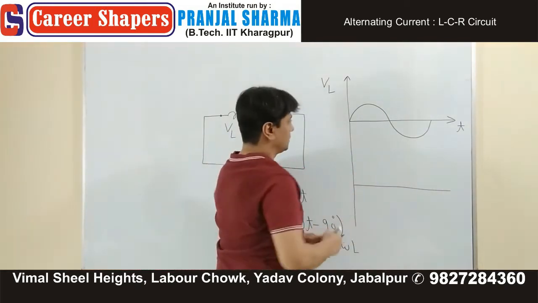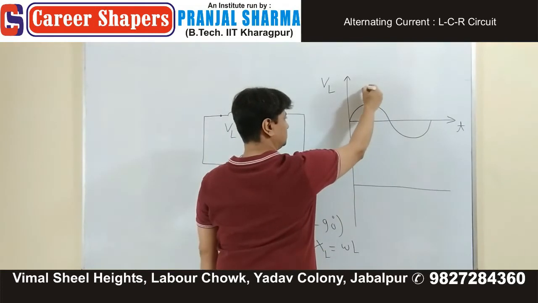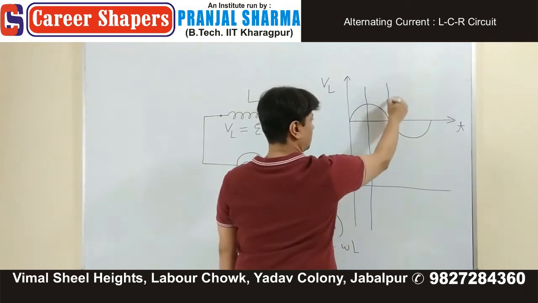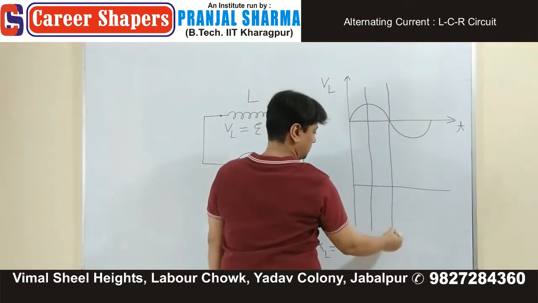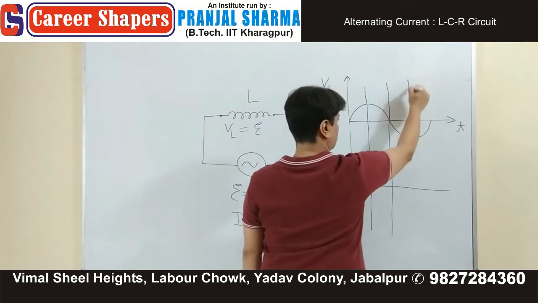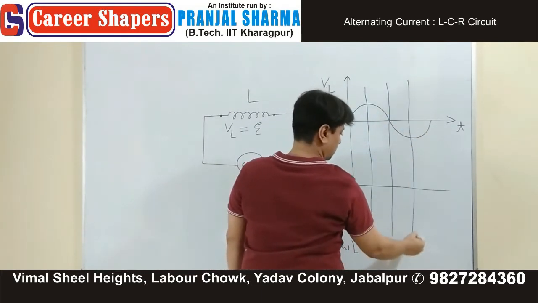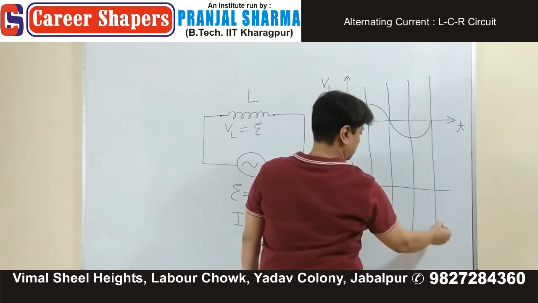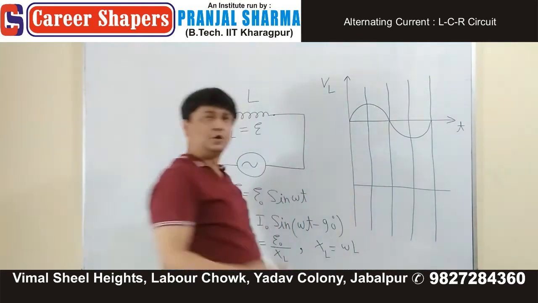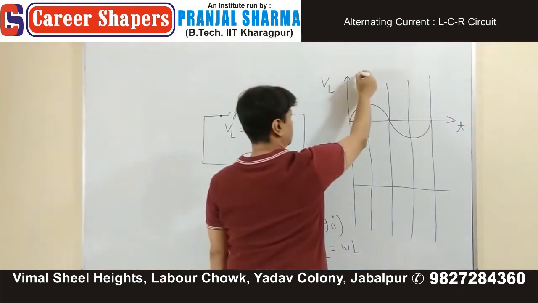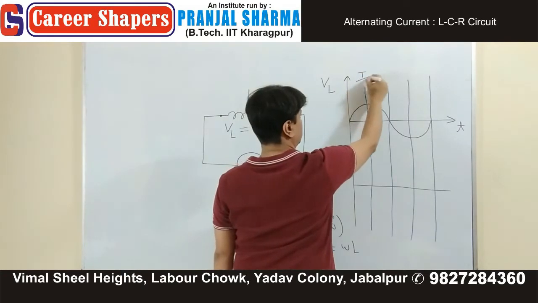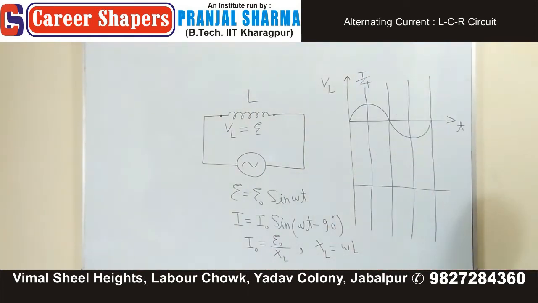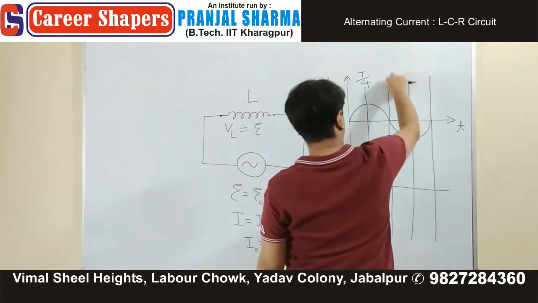Now, draw these partitions. And you know that these partitions are at T by 4, T by 2, 3T by 4, and so on.